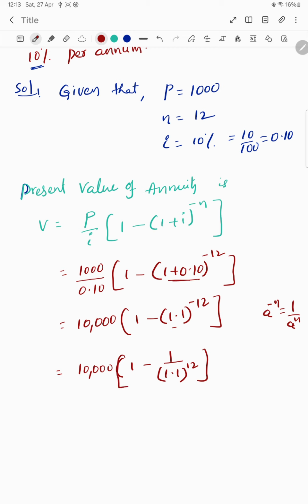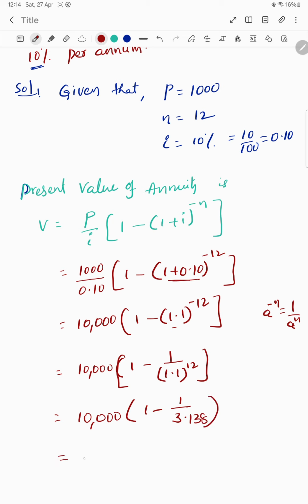So this implies 10,000 into 1 minus 1 by, now let's take 1.1 to the power of 12. You can use a calculator, no need to worry. 1.1 to the power of 12 will give us 3.138.